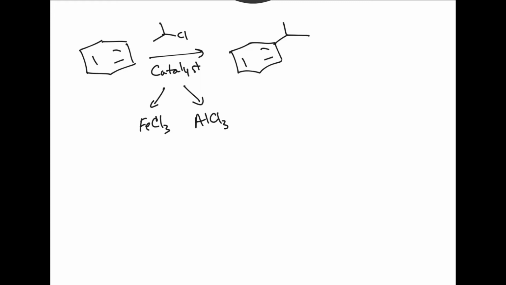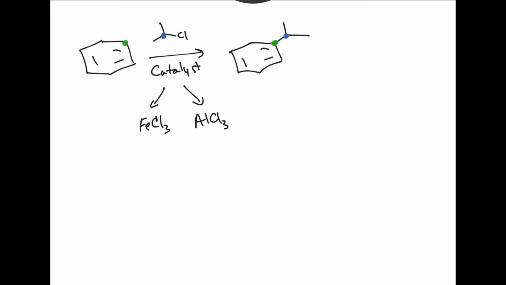So basically, you're removing the halide and just putting the benzene in its place, right? So I always like to point out you want to connect the dots. You draw a bond from the carbon on the aromatic ring to the carbon that had the halogen.